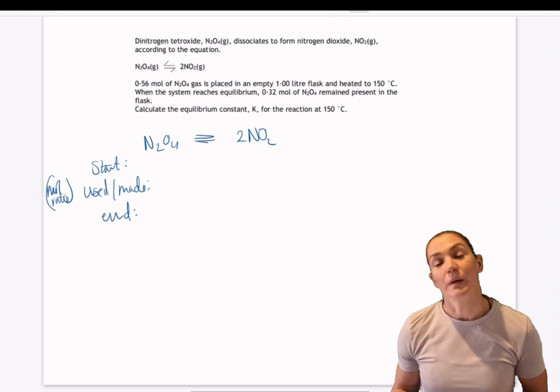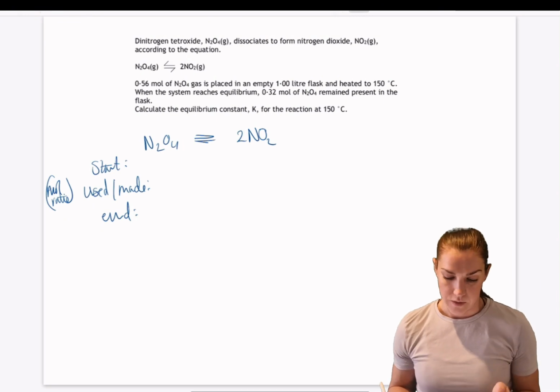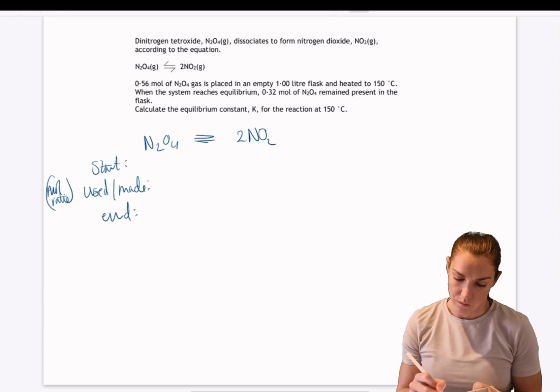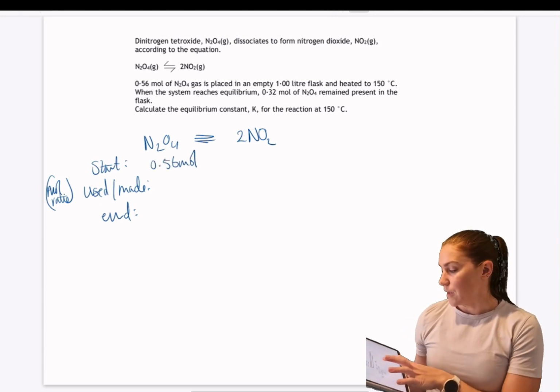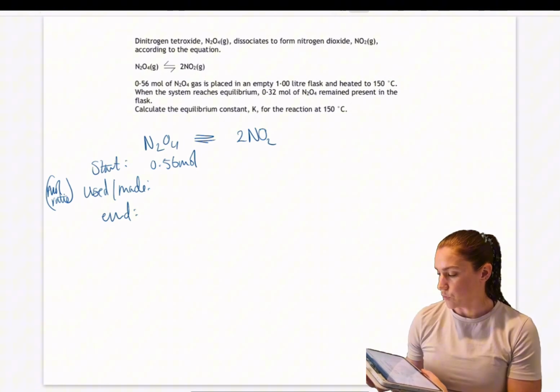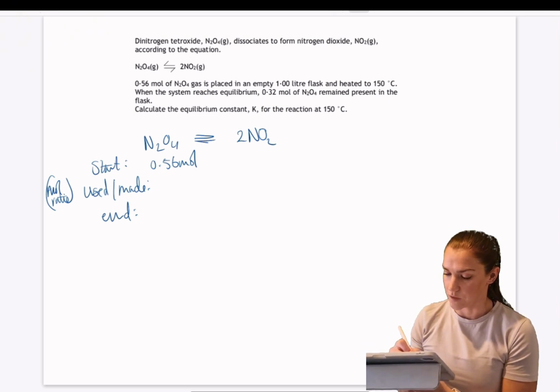So I'm just going to leave a note there for myself to say mole ratio. If we read through the numbers again, it was 0.56 moles of N2O4 gas placed in the empty cylinder, so that's how much we had at the start. And then when the system reached equilibrium, 0.32 moles of N2O4 remained, so that's how much was at the end.